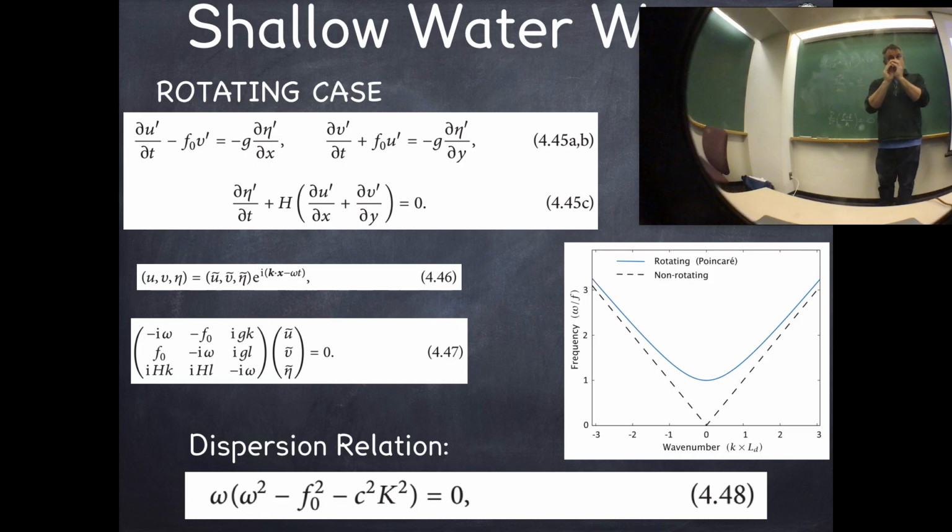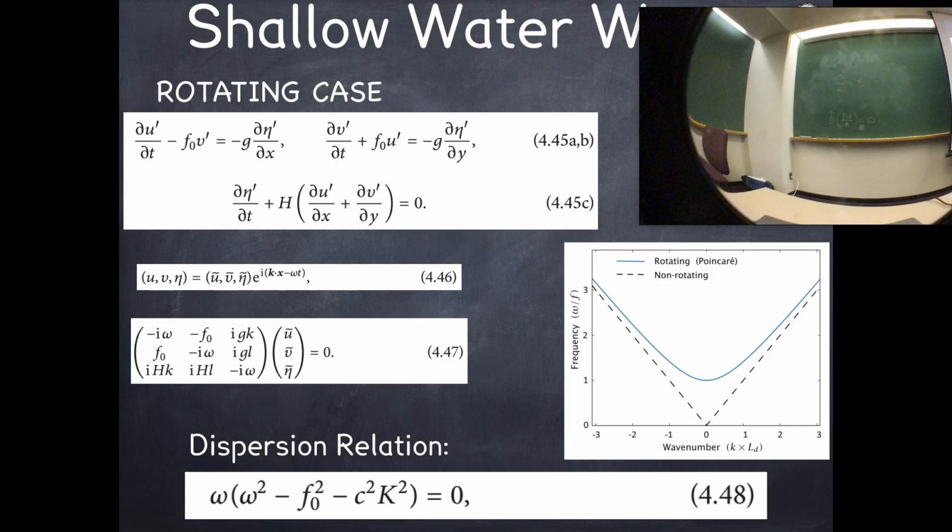If this is a curvy line, which it is in the rotating case, omega and k, their ratio depends, the slope is different here, from here, from here, from here. So there is a relationship between these two. So c is a function of wave number in that case, which means that some wave numbers are going to propagate faster than waves at other.